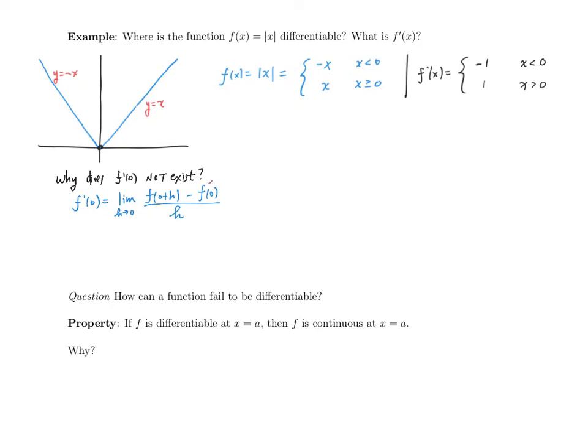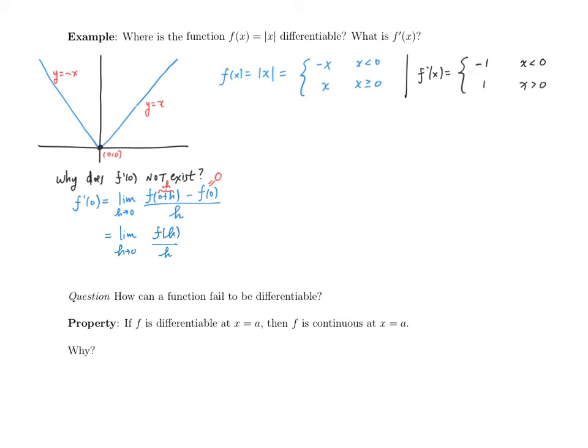And note that f of 0 itself is equal to 0, because we have this point (0, 0) on the graph of the absolute value function. And 0 plus h is simply h. Therefore, this derivative really becomes the limit as h approaches 0 of f of h over h.